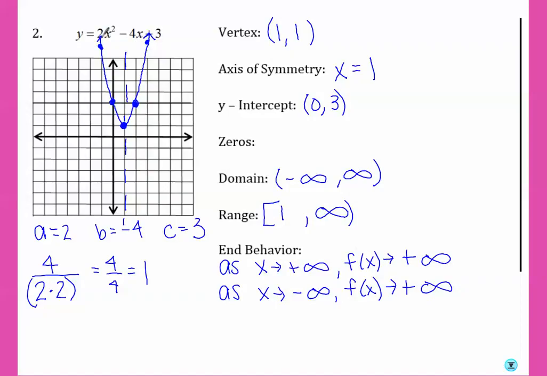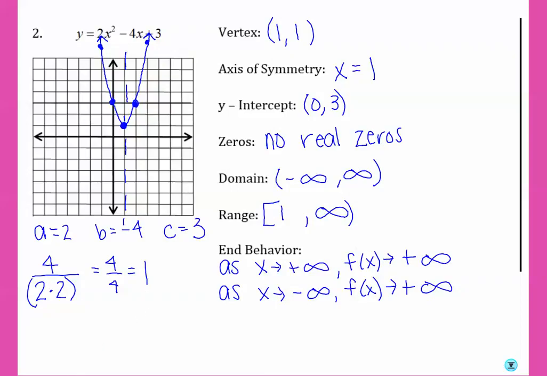On any quiz or test that you have for my class, at least 5 points will fit on the graph paper. So that's a way to check yourself to make sure that you're doing things correctly. So based on this, there are no, and we're going to say real, zeros, since it does not cross the x-axis.